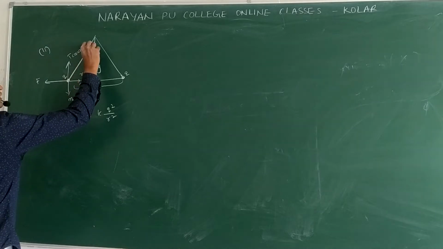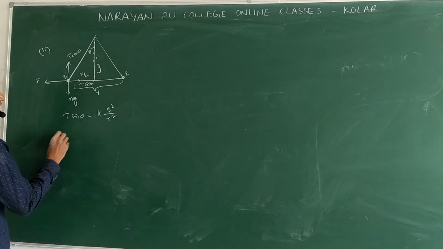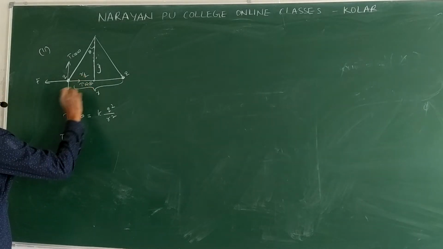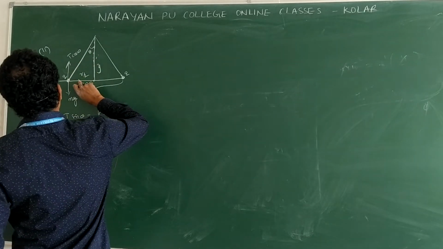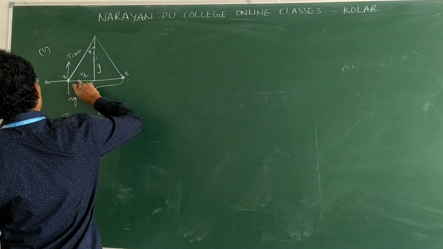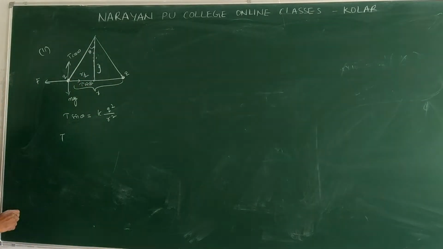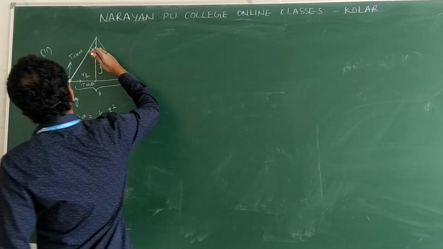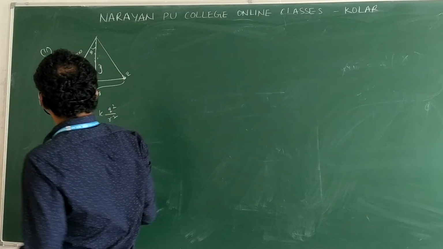Clear? If I take this angle as theta, then how do we write sin theta? Sin theta is opposite side by hypotenuse, so this does not help. Now what do we do? We have opposite side and adjacent side.